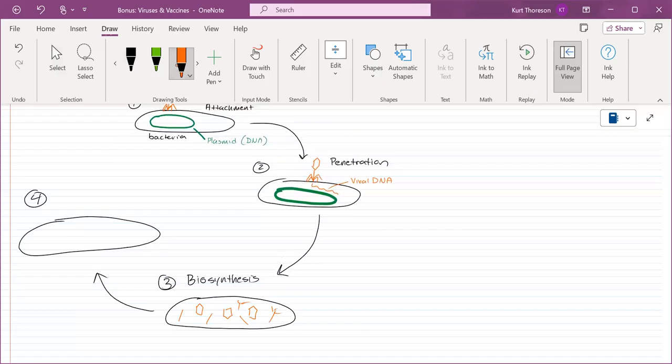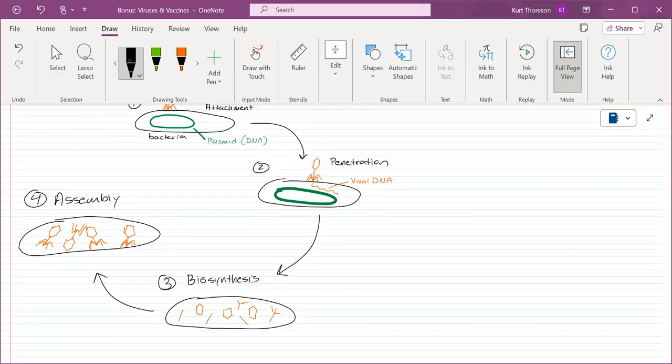Step 4, this is going to be the assembly or maturation.